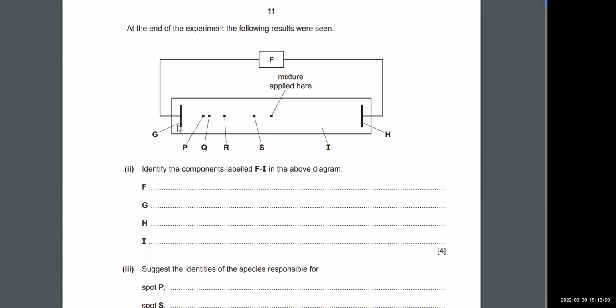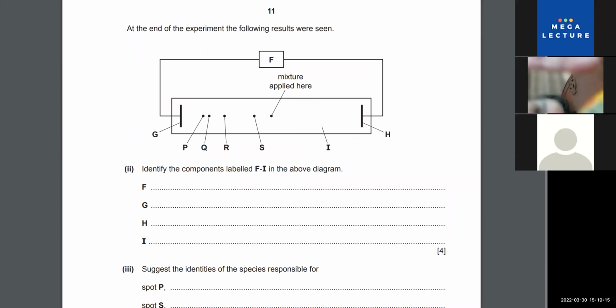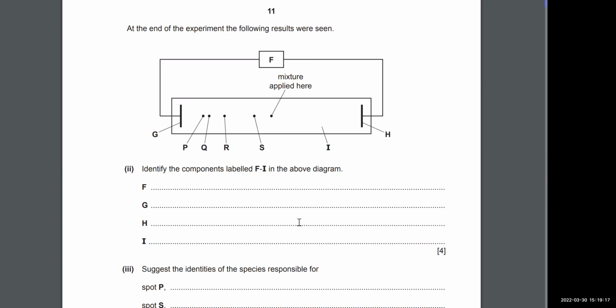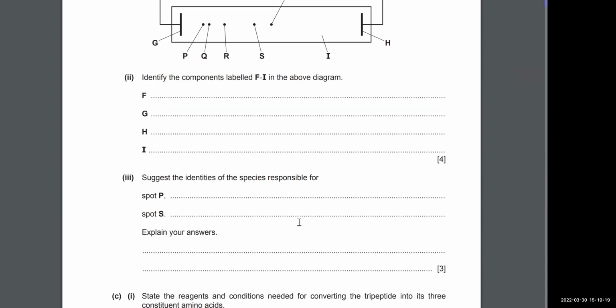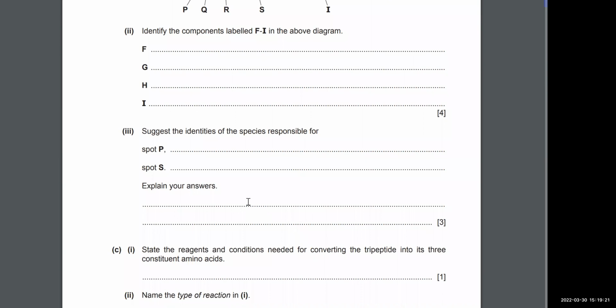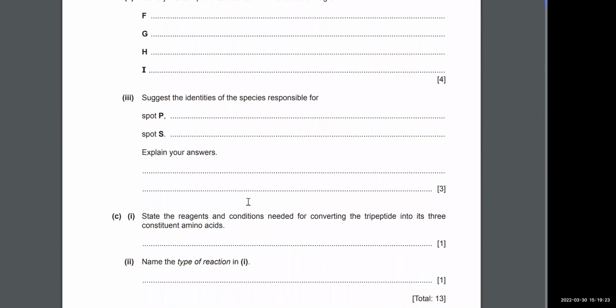It's probably going to be the positive side. If you remember, serine at pH 11 was a negative ion. So why are negative ions getting attracted to this side? Because it's probably going to be the positive side. It's going to be the anode. Is that clear? Yes, sir. And explain your answer with mass. So you'll figure out using mass.